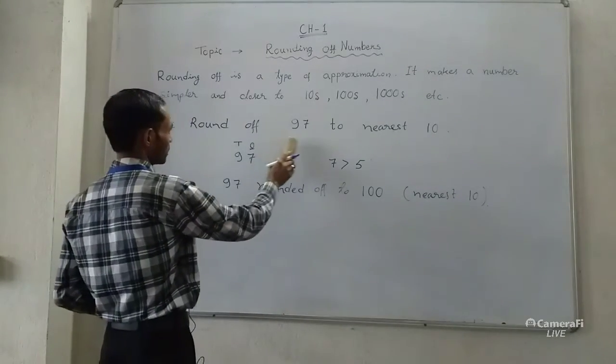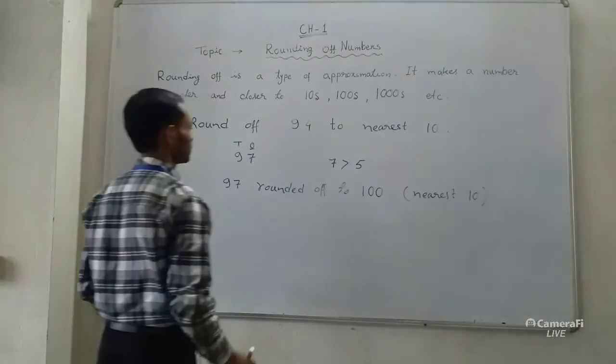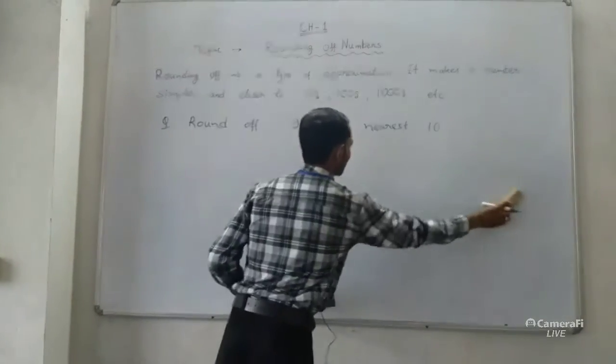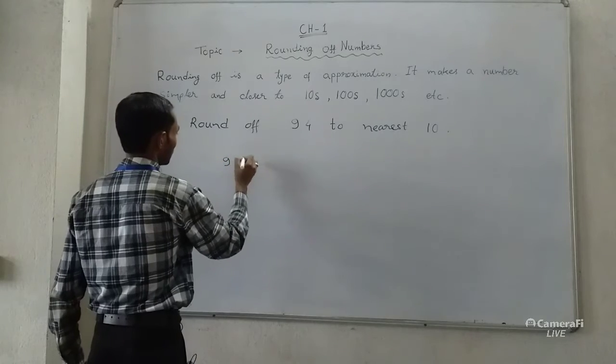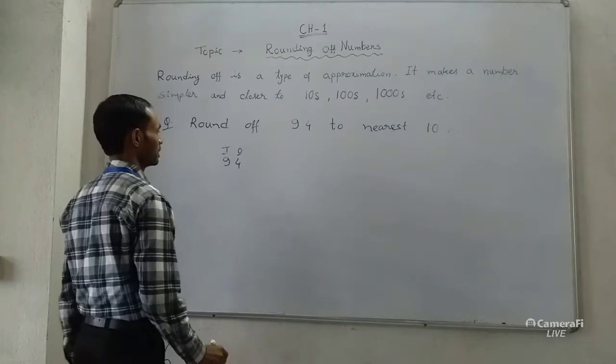If we round off the number, suppose 94, what will happen in that case? In 94, the ones place is 4 and the 10 place is 9.